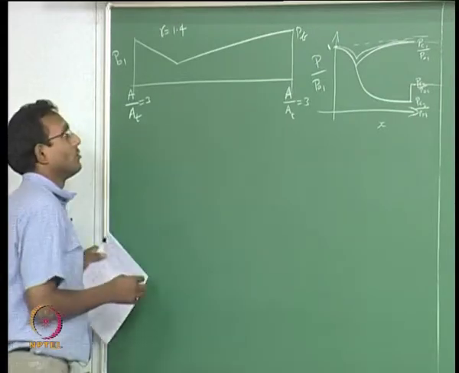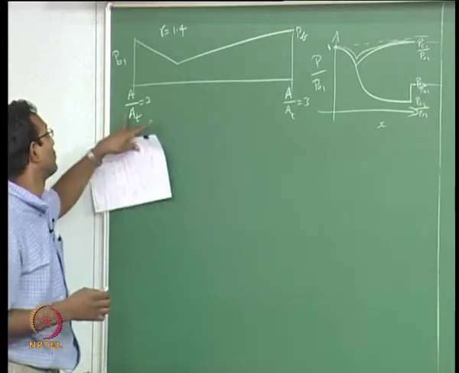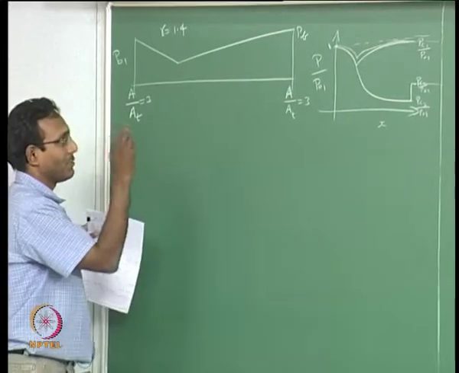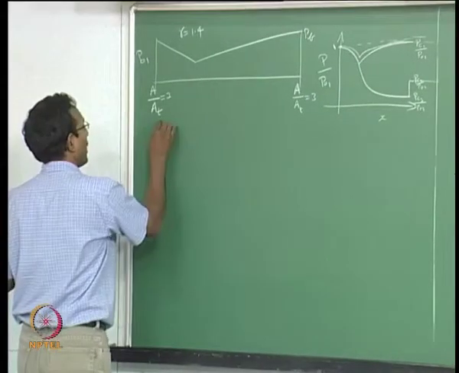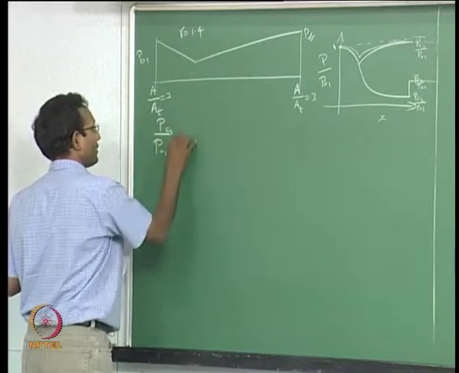So I do not know what pressure I should use for this particular set of ratios of areas. So what I am going to do is first find the critical values PC1, PC2, PC3. How will I find PC1? P by P naught 1, critical 1. How will I find that?